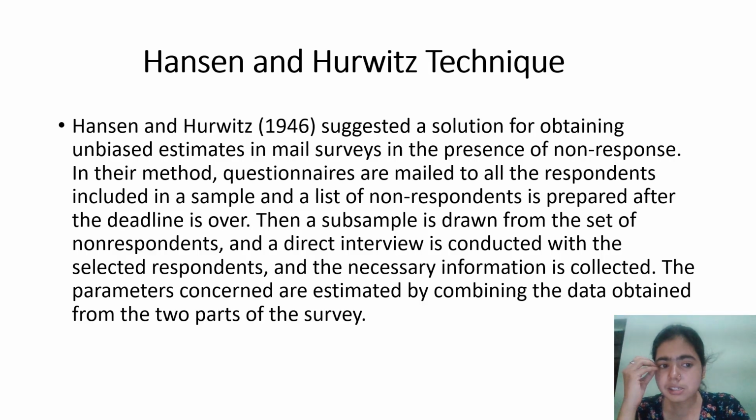In this, the questionnaire is mailed to all respondents in a sample, and after the deadline of the survey is over, a list of non-respondents is prepared, and then a subsample is drawn from the set of non-respondents. A direct interview is conducted with the selected respondents, and what is required is collected from them.